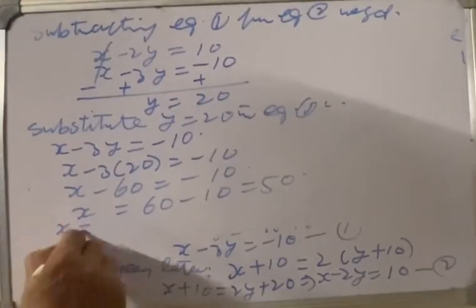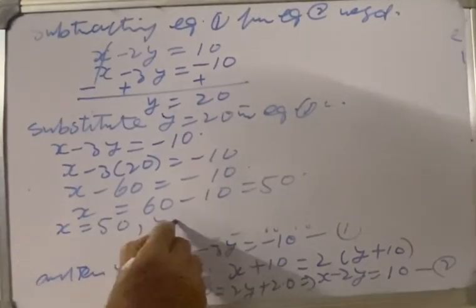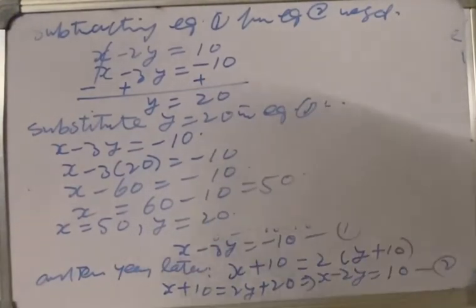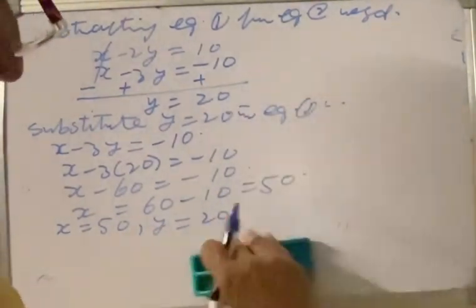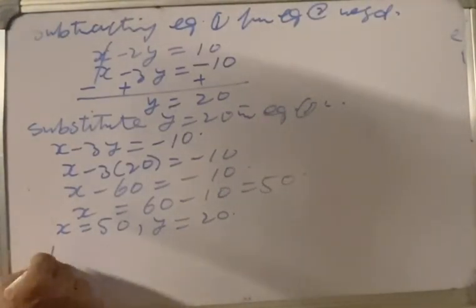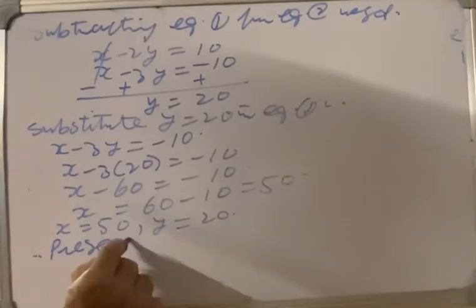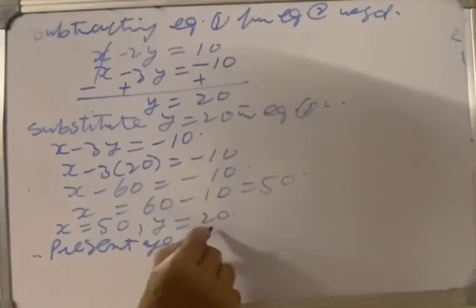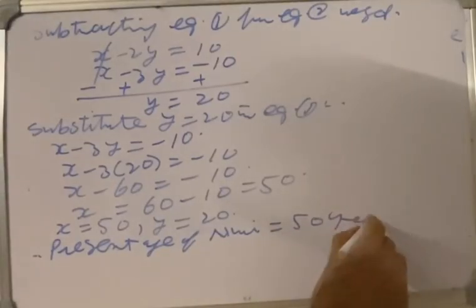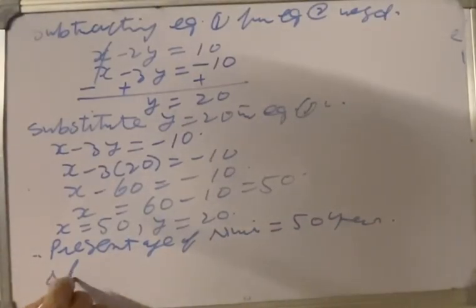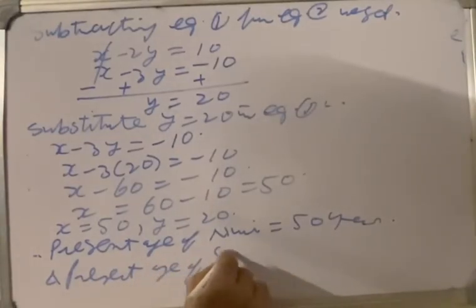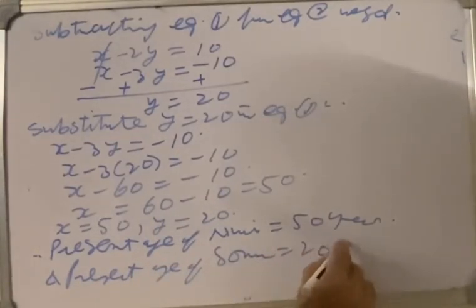Therefore, x is 50, y is 20. So that means the present age of Nuri is 50 years and the present age of Sonu is 20 years.